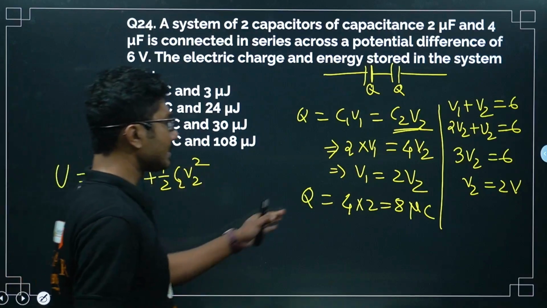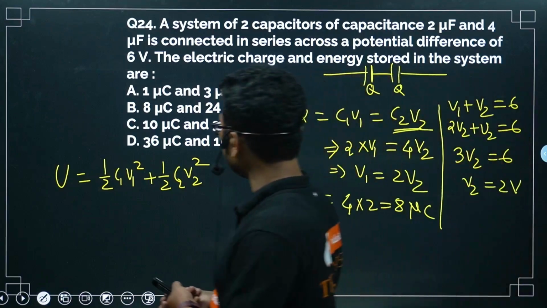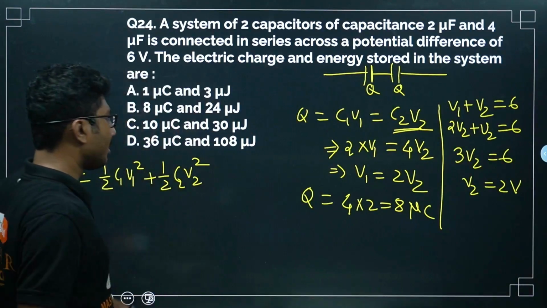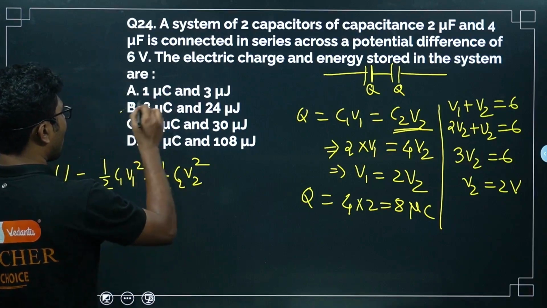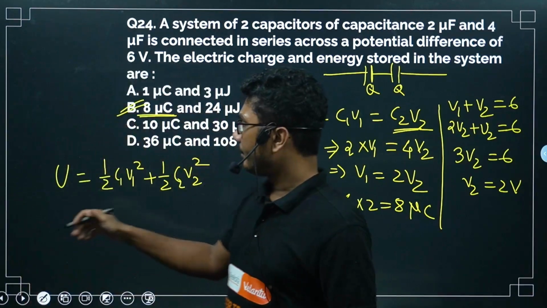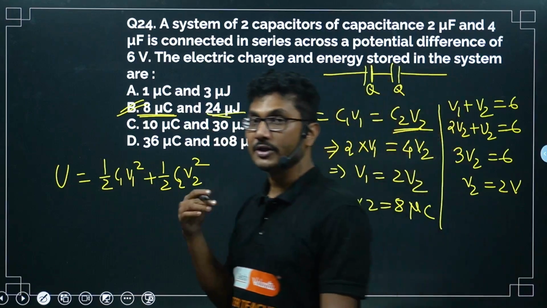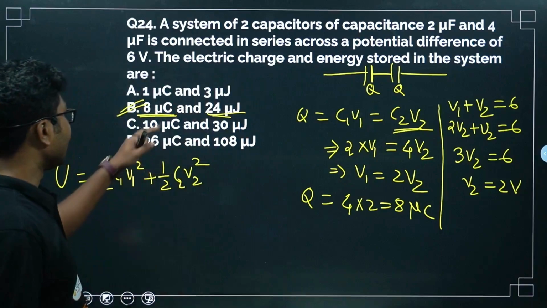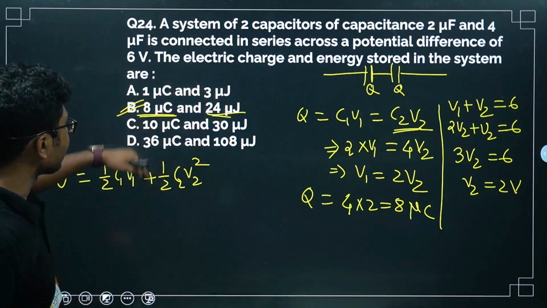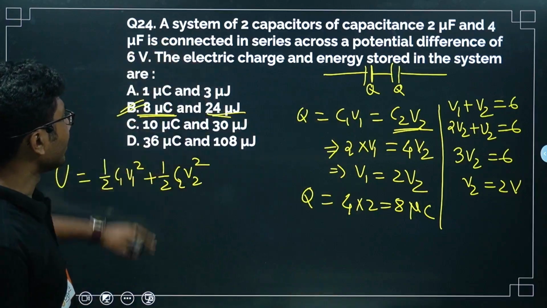While calculating the charge, you can calculate any one of the combination. But if you see, you don't need to do anything else, because in this combination only one has 8 microcoulomb charge. So you can check if this is coming out to be 20 microjoule or 24 microjoule or not, and mention in the comment. If you see all the options, the charges are given different. So if you calculate the charges properly, then you don't need to worry.